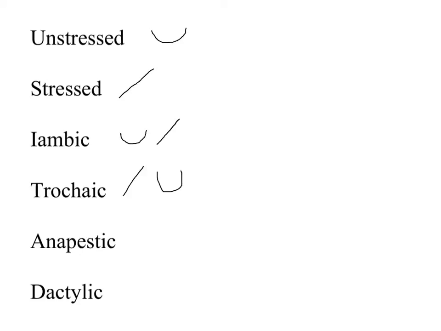The anapestic and dactylic are far more complicated than iambic and trochaic. The anapestic is designated by unstressed, unstressed, stressed. And dactylic is designated by stressed, unstressed, unstressed.